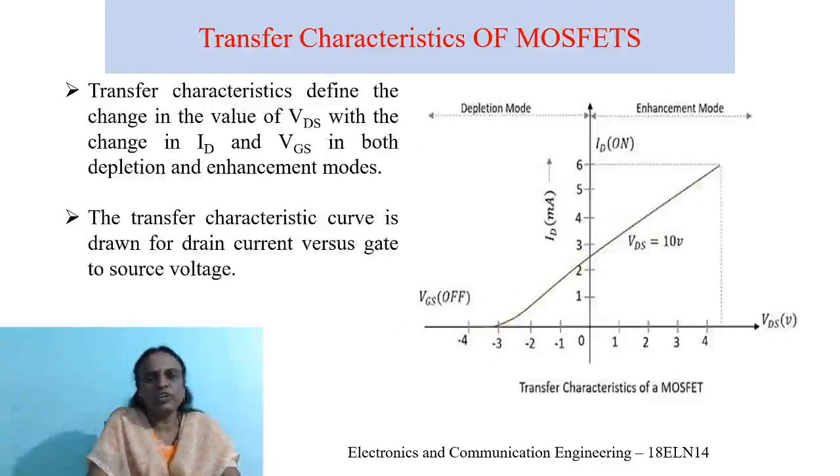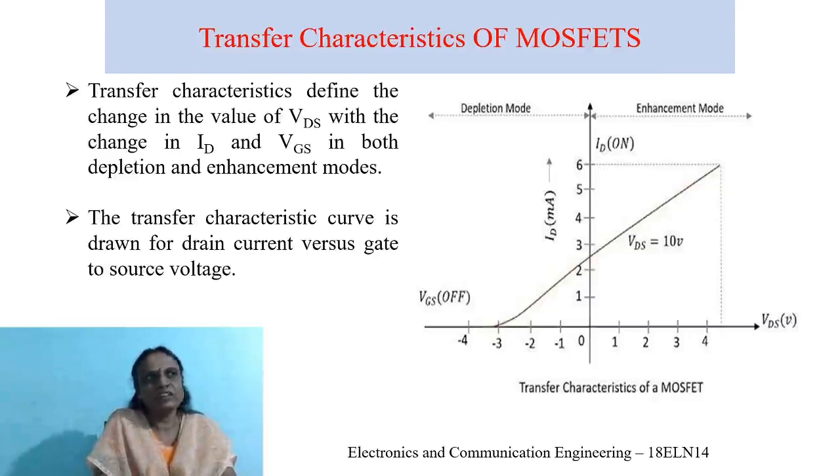Next, moving on to the transfer characteristics of MOSFET. We know it works in two modes. When we saw the classification of MOSFET, recalling back, it is classified as enhancement mode and depletion mode: enhancement N channel, enhancement P channel, depletion mode N channel, depletion mode P channel. Referring back to the classification, we can draw the transfer characteristics of MOSFET.